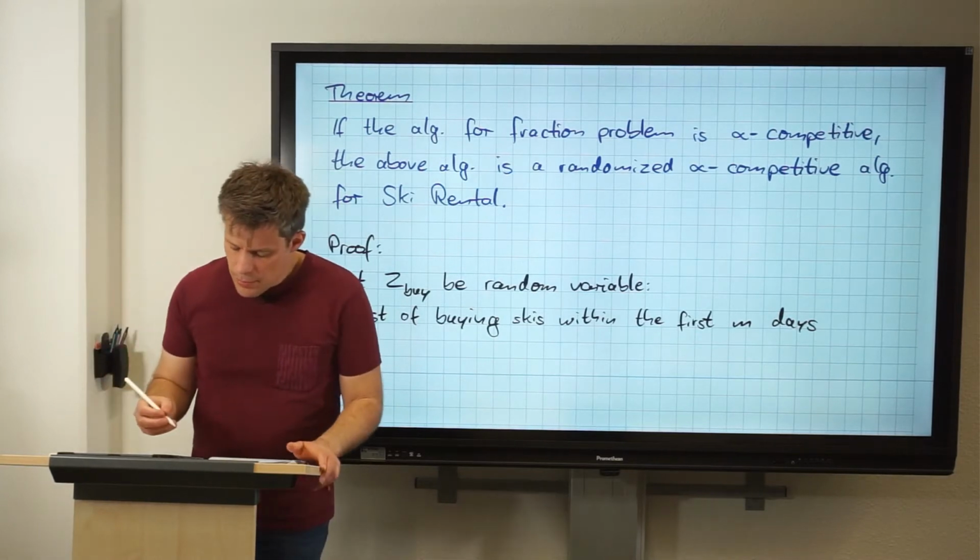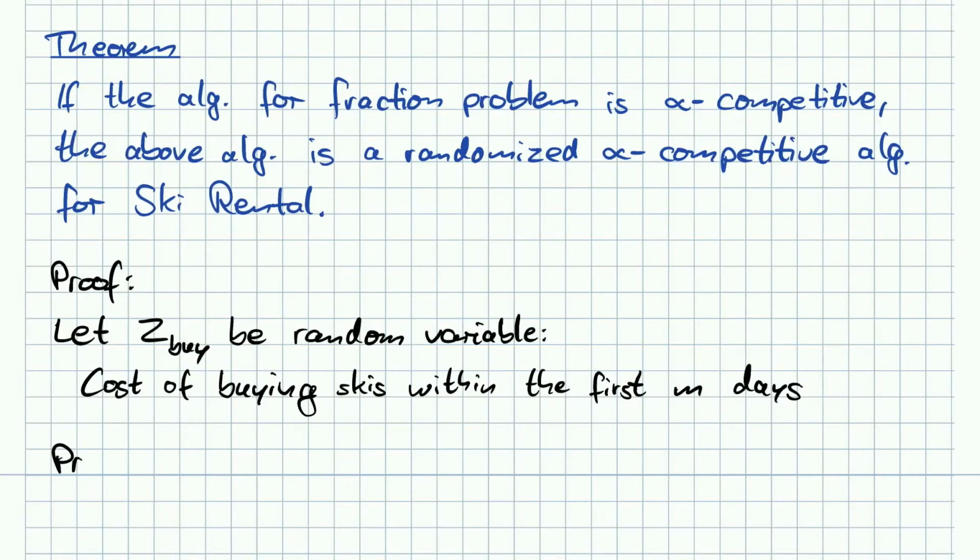What is the probability of buying the skis within the first M days?